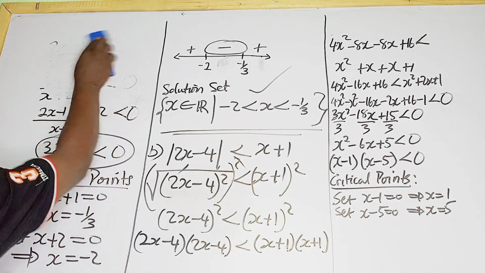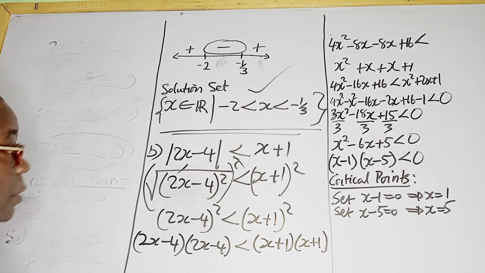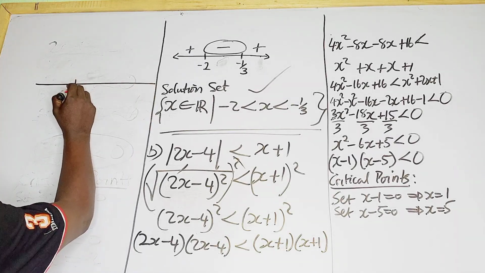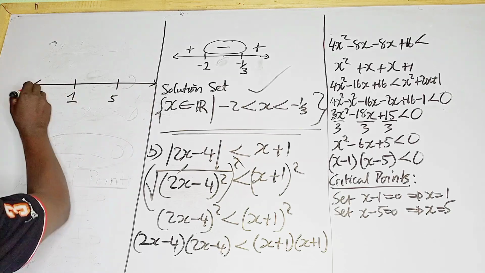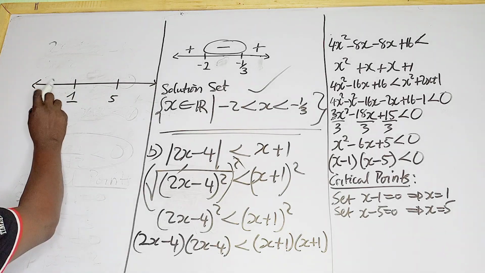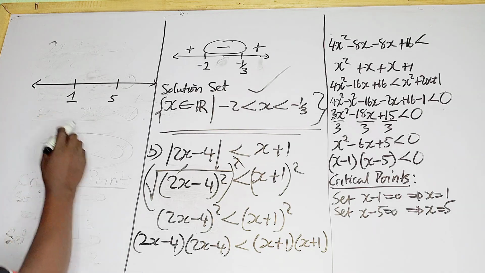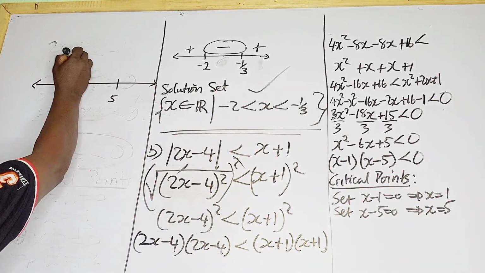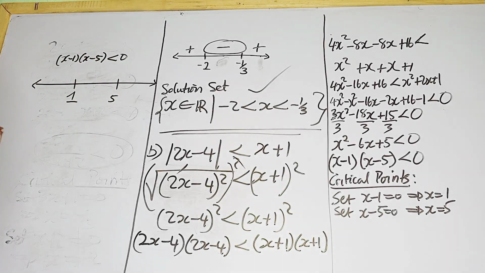Let's carry out our analysis now. We use the number line again and we put the values. 1 is less than 5, so 1 is to the left. So we have 3 zones to analyze. We take a value from each zone and put it in our expression, x minus 1 times x minus 5 less than 0.